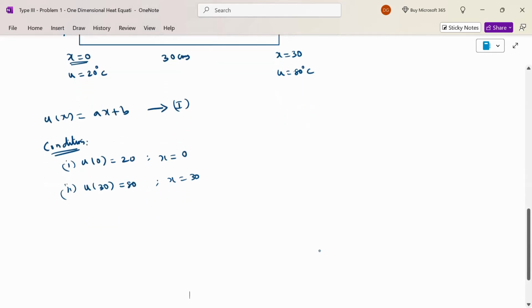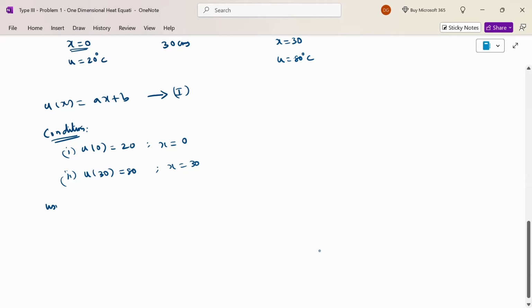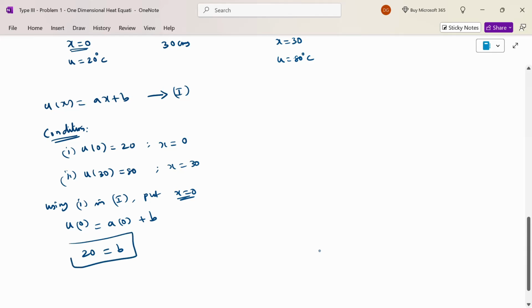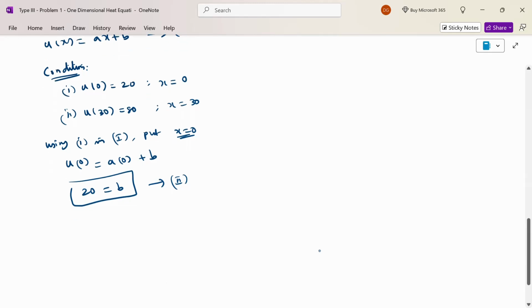Now using condition 1 in equation 1, put x equal to 0: u of 0 equal to a times 0 plus b. So 20 equal to b. This is the second equation. Now substitute the second equation into equation 1. Therefore u of x equal to ax plus 20. This is the third equation.